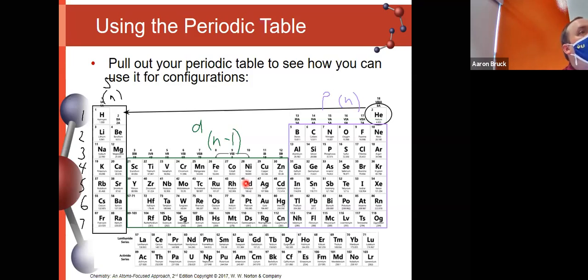This is primarily to account for that energy gap difference. The fact that the 3d, the 4d, the 5d are all slightly higher in energy than the 4s, the 5s, the 6s, and so on. We're taking that into consideration, and so we've offset it by that little bit. This allows us to keep the proper order.